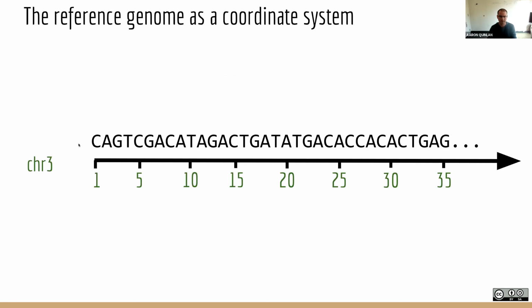So concretely, here's a little snippet of chromosome 3. Just made this up. All right, well, there's an annotation from here to here, so we can just report in a file, on chromosome 3, from position 16 to 20, that is some motif that we care about.